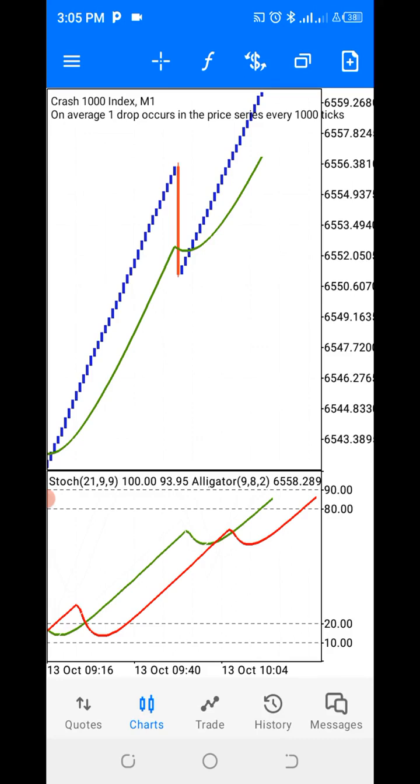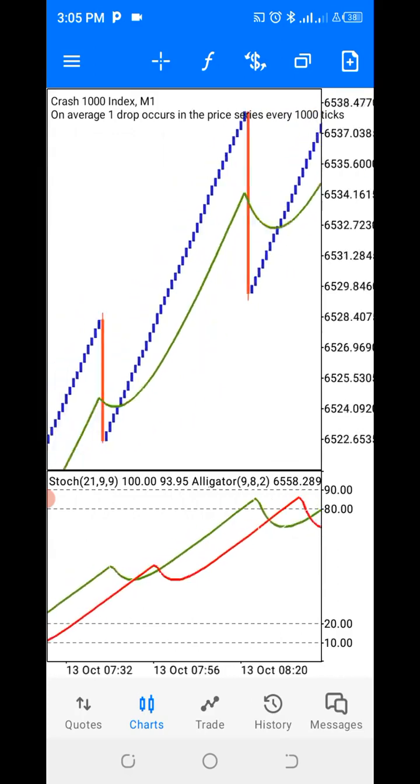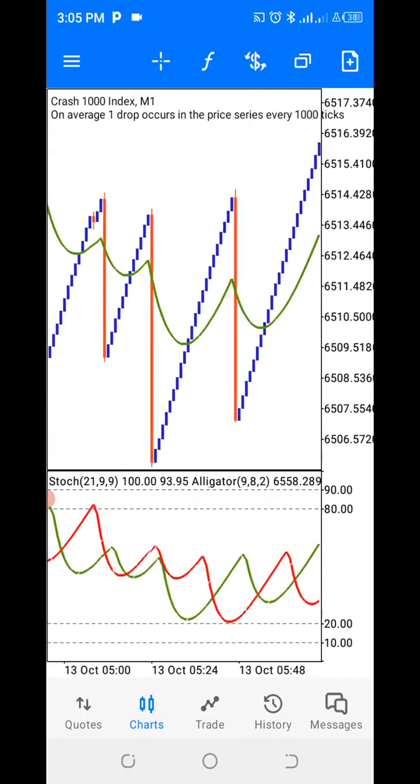The strategy is a very simple one, which you can use to trade Boom 1000 and Crash 1000.